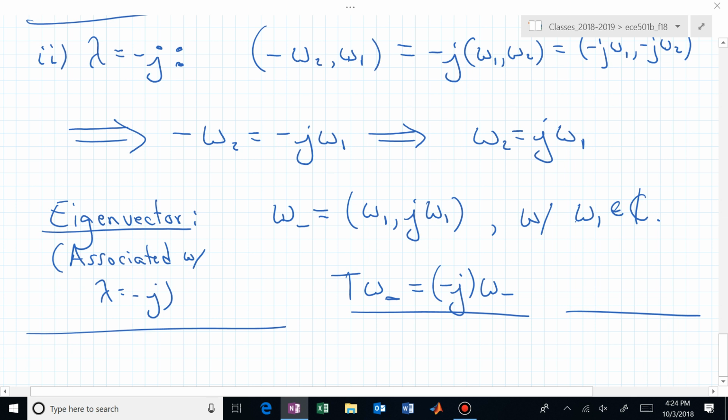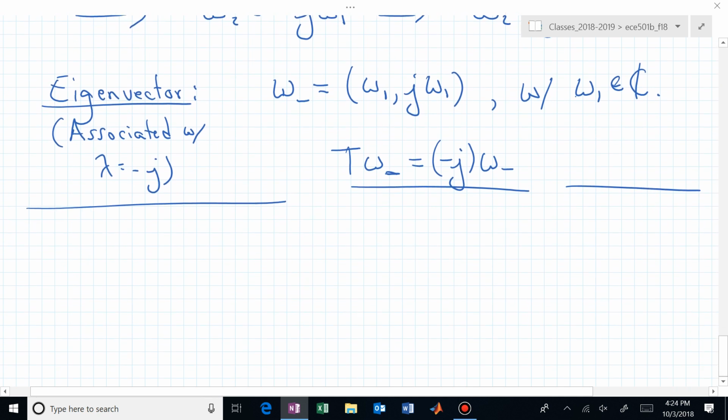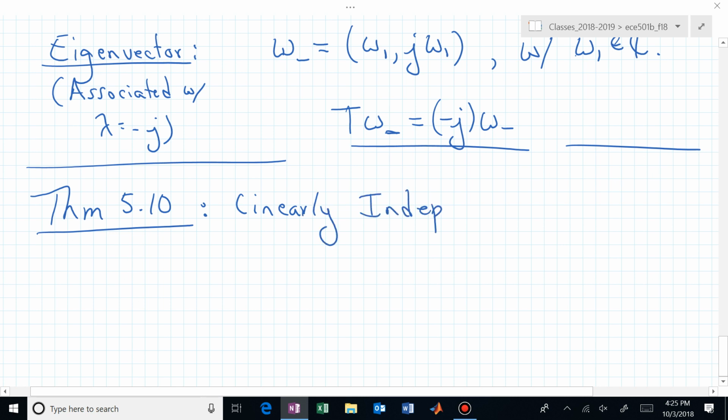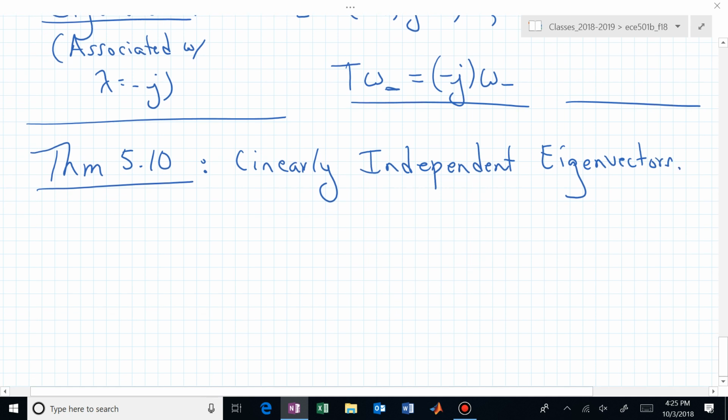Other questions or corrections? So now let's get into some facts or relationships for eigenvalues and eigenvectors. The first one that we will look at is Theorem 10 in Chapter 5, and this is dealing with linearly independent eigenvectors. That's the label on Theorem 5.10.